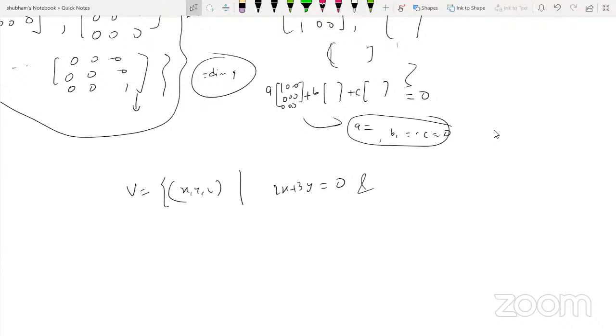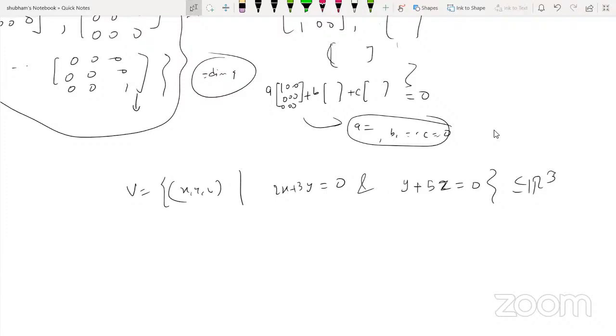The next equation is y plus 5z is equal to 0, also a subset of R3. If one of the equations is eliminated, can I really solve this? Because I don't have any definition of z anymore.